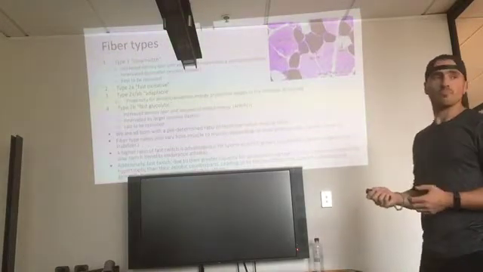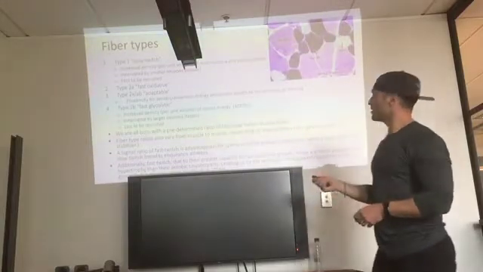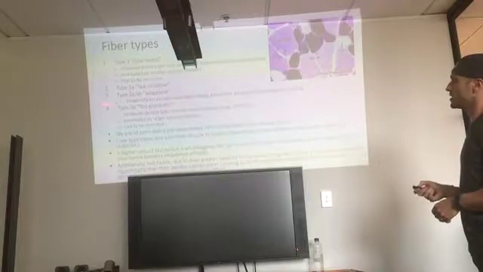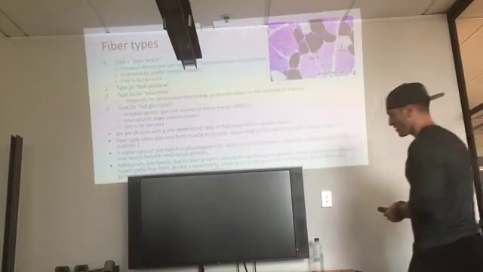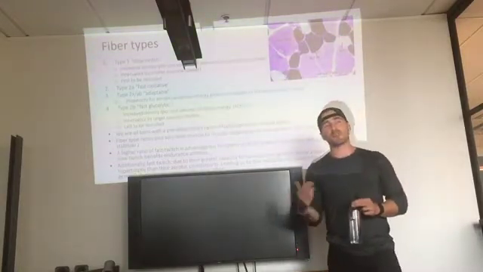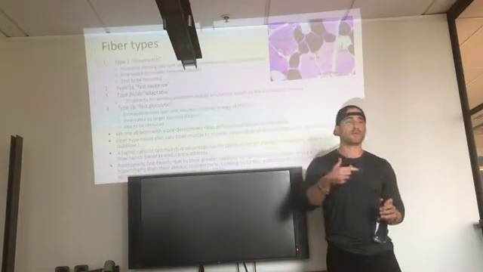Is it true that the type 2Bs can adapt and become more slow twitch, but it can't be reversed? Slow twitch can't adapt to become more fast twitch? Yeah, it can only go from fast twitch adapting to slow twitch. It adapts incredibly quickly and is very slow to go back the other way.